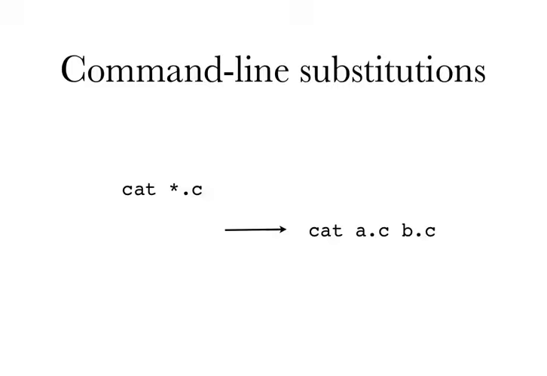If we want to understand how the shell is doing command line substitutions, a good way to experiment interactively is with the echo command. This is how echo works. If we type echo hello, it will say hello. The echo command just outputs all of its command line arguments separated by spaces.